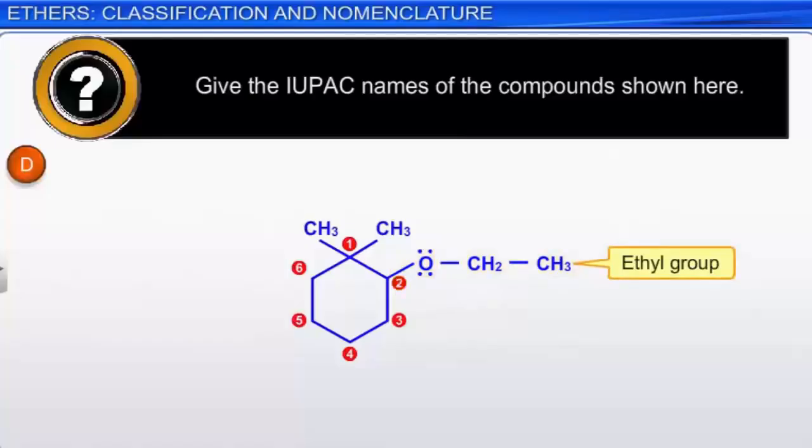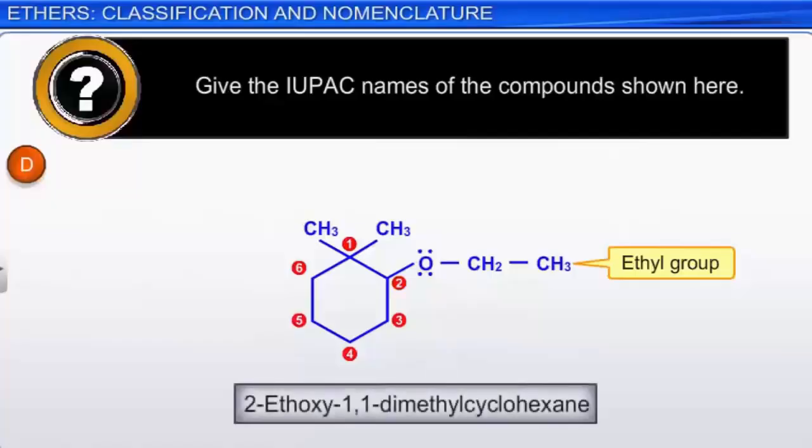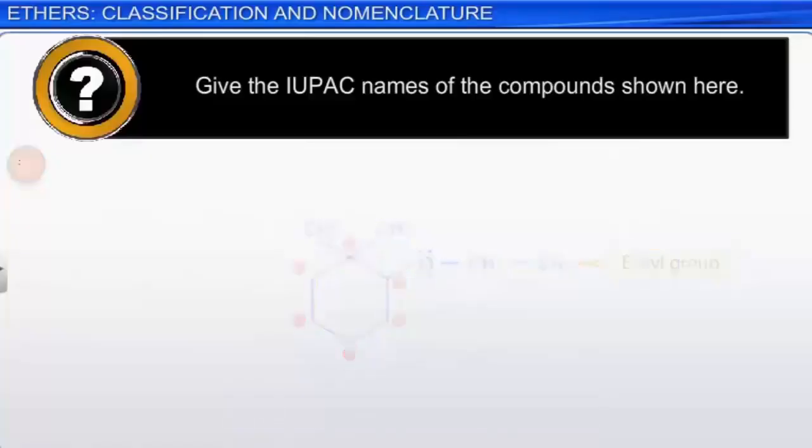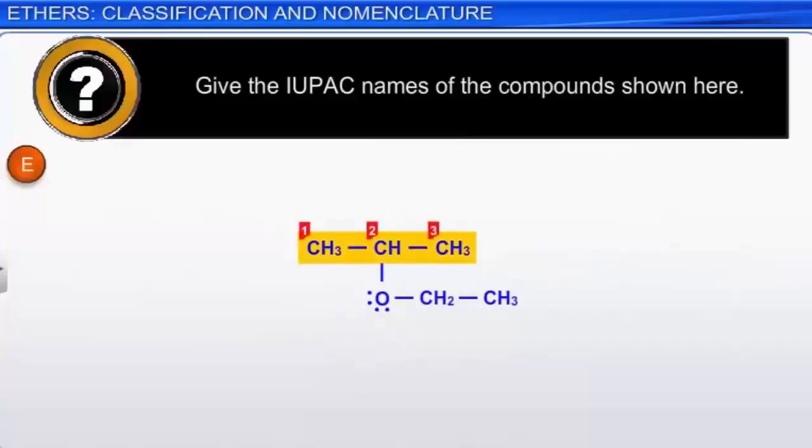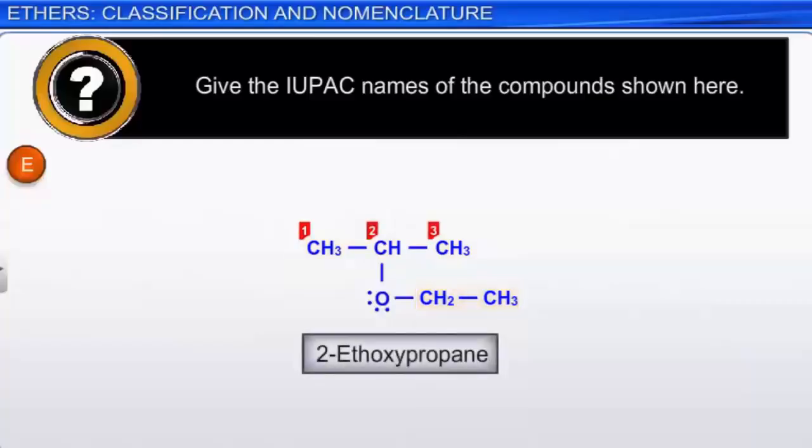Therefore, its IUPAC name is 2-ethoxy-1,1-dimethylcyclohexane. Molecule E has a 3-carbon chain with an ether linkage attached to an ethyl group at carbon 2. Its IUPAC name is 2-ethoxypropane.